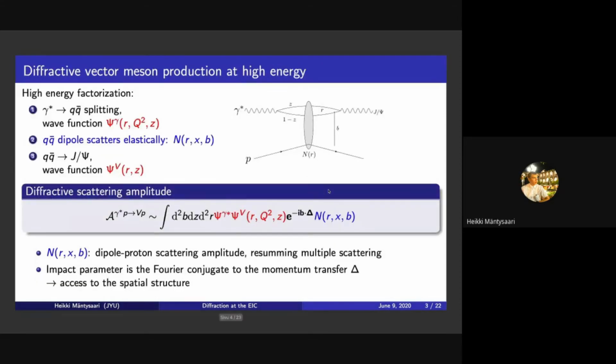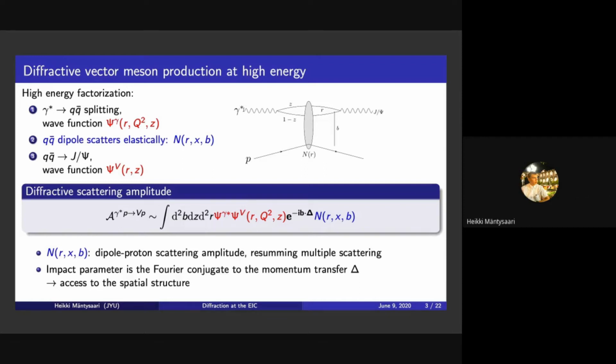Okay, so let's take a closer look at vector meson production or exclusive scattering now in the CGC or color glass condensate framework. Of course, how the lepton emits a virtual photon is a trivial process, so we throw it away.